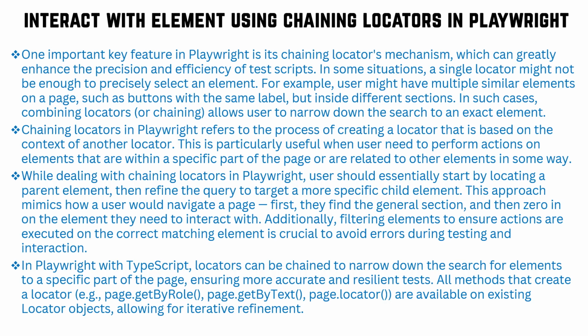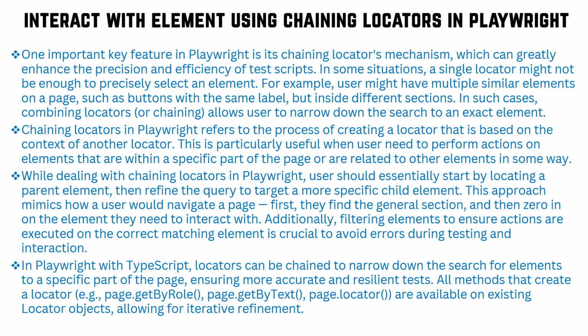Suppose in a single web page there are a couple of sections: teacher section, student section, non-teaching staff section. Your first name, last name, middle name, address fields are common. But if I go to the teacher section, I can definitely identify the first name field, which is unique there compared to the other sections. So I can go for the section first, then go ahead to the other element. This will help me with chaining.